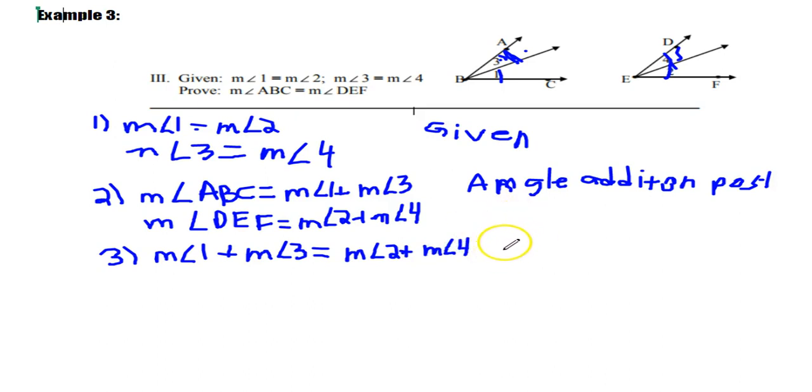Essentially, I took this and added it to that, and I added 2 to 4. So angle 1 added to angle 3, angle 2 plus angle 4. Because I did addition, my reason here is going to be addition property of equality, or POE.